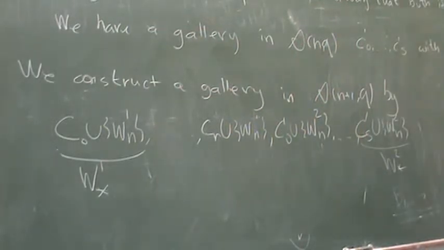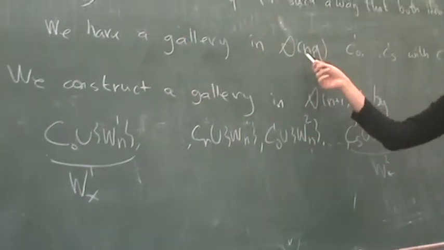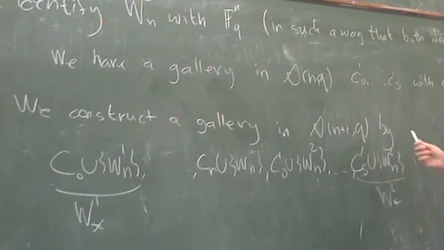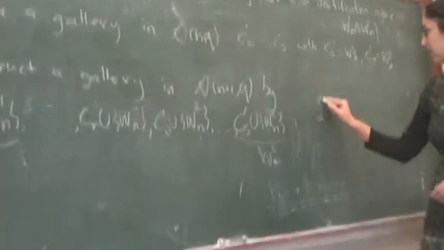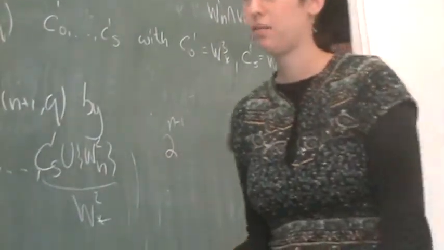So with this, we see that if the maximal length of a gallery here is some k, then here it will be 2k plus 1. But we can do better, much better than that.